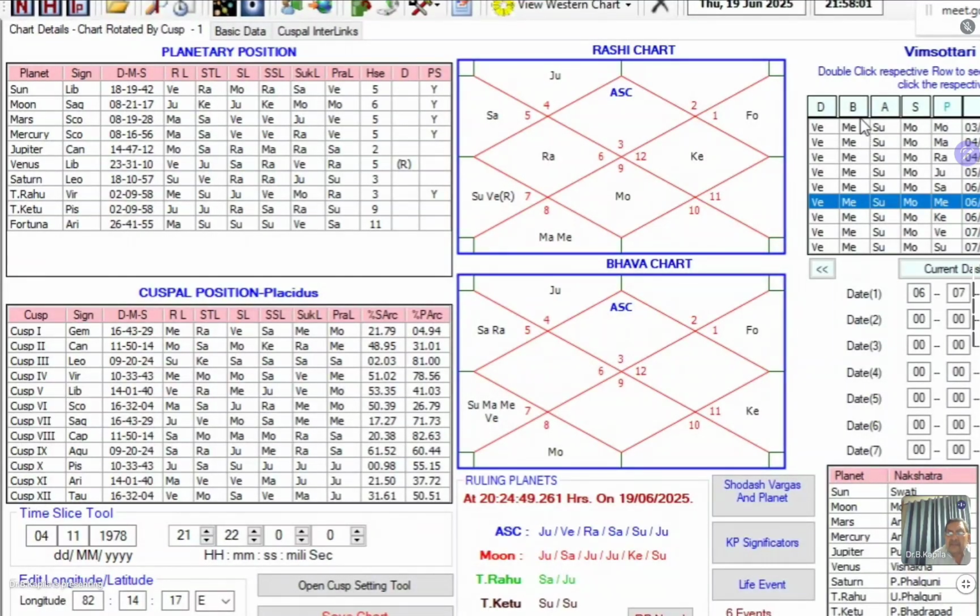The significations of Marka and Badhaka houses only at the Bhukti level is okay to cause the event of death. For Antara, Marka is sufficient. हाँ जी, enough.